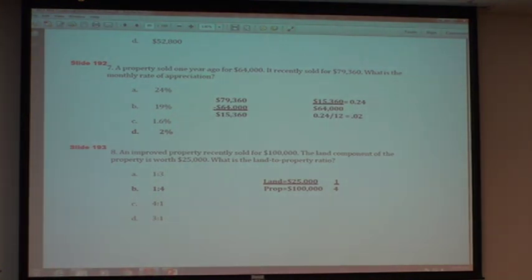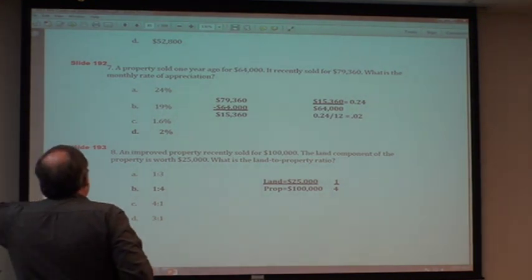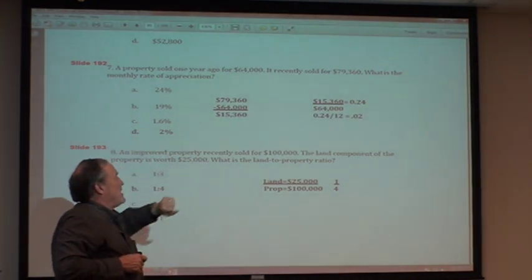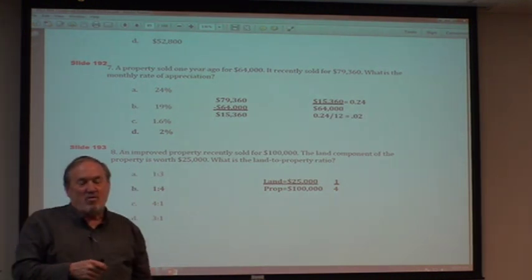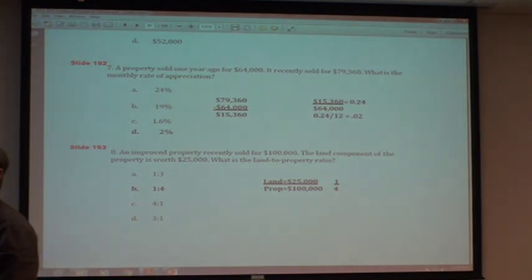You gotta add the parts together, right? So if it sold for 100,000, the land's worth 25,000, so 1/4 of the value is in the land. So if one part is land, 4 parts is property is the ratio.